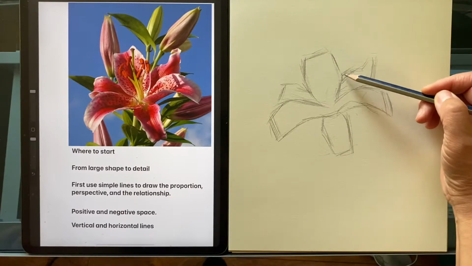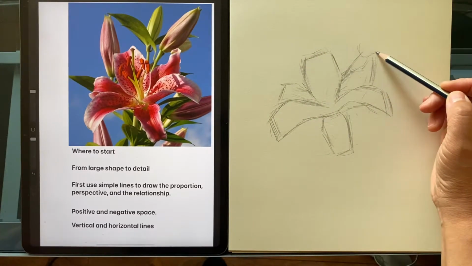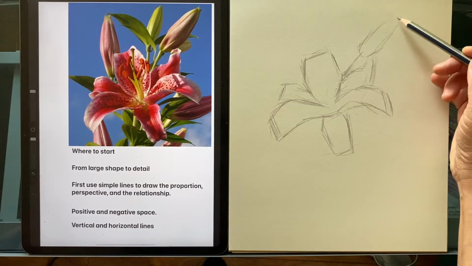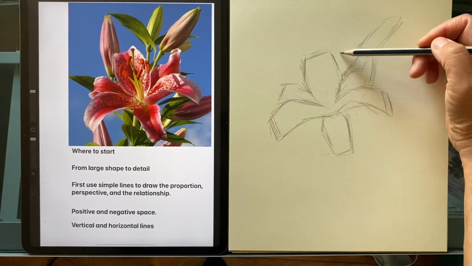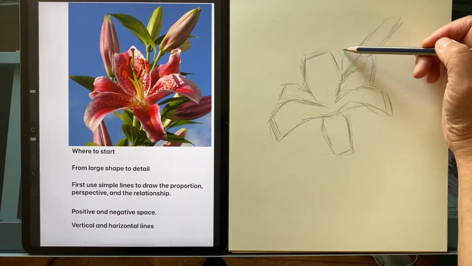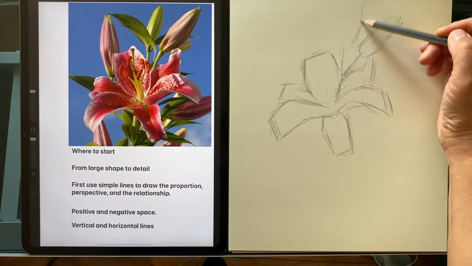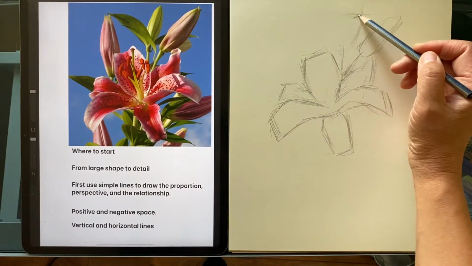Then after that, this one goes here, then this touches here, about that big, slant it that way, and this another one. The relationship between these two is about the same height, so this ends right here.